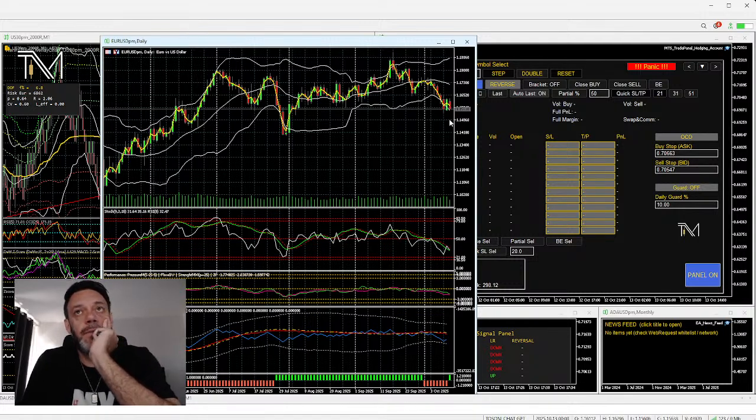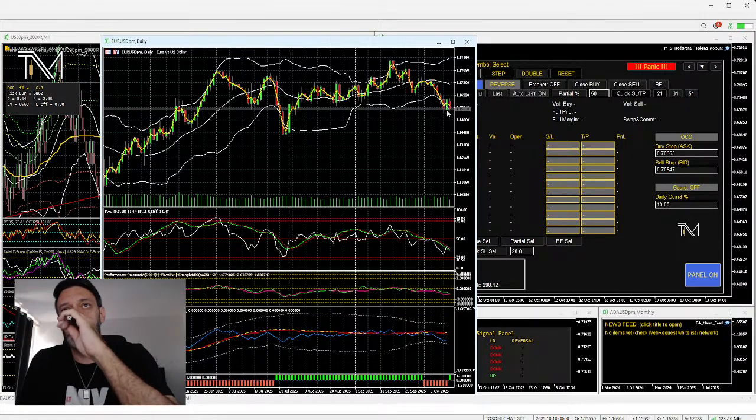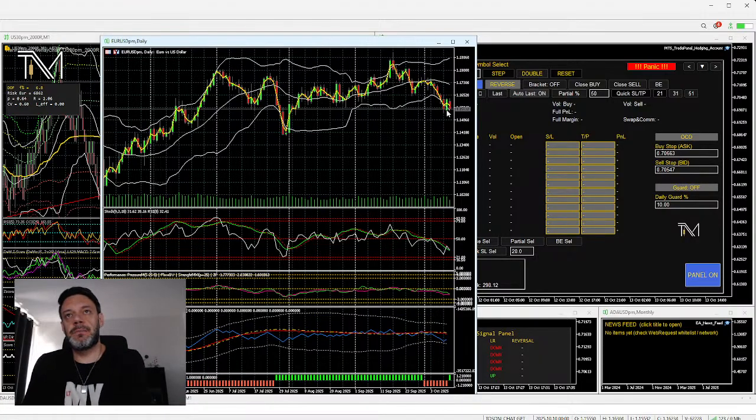EURJPY almost testing the minimum, the bottom of Friday. So it's a little bit different. Here there is an important support, you see it, this swing here, key reversal, and this very area.